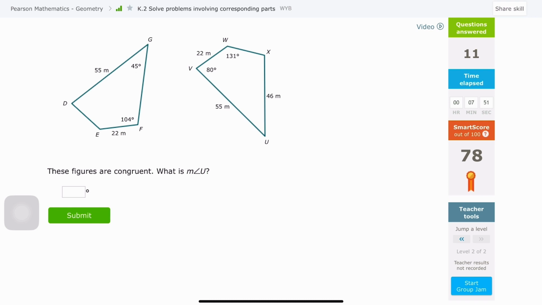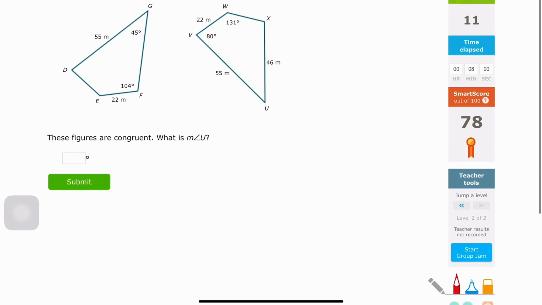Here in this example, we need to find the measurement of angle U. So angle U is this one. If you look into this shape, we can see angle U is opposite to, oh, wait a minute, we need to write the congruent statement because here we have a couple of missing angles. So what we can do is start from this part. We can name this as FGDE.